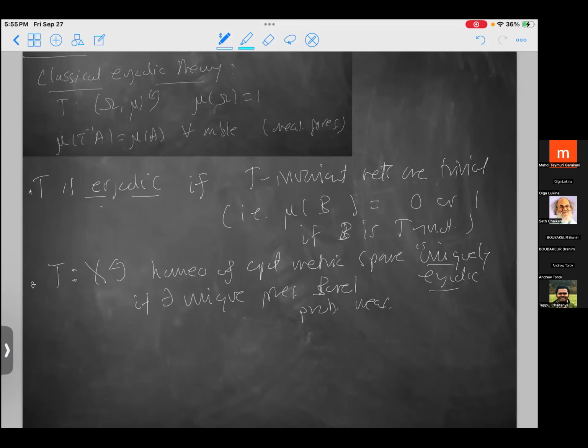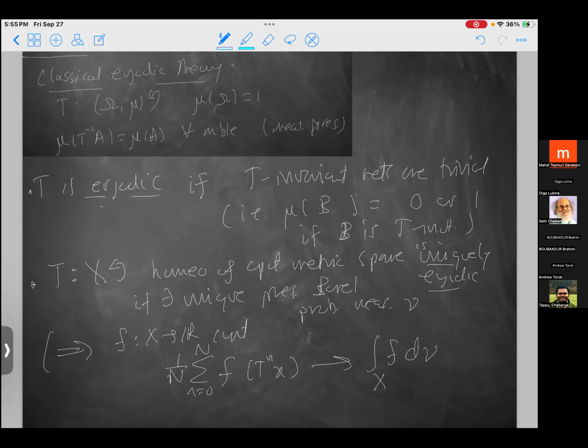Uniquely ergodic is really powerful, because a consequence is that if you take f from X to R, which is continuous, and you average f, this converges to the integral of f d nu over X, for every x in X.